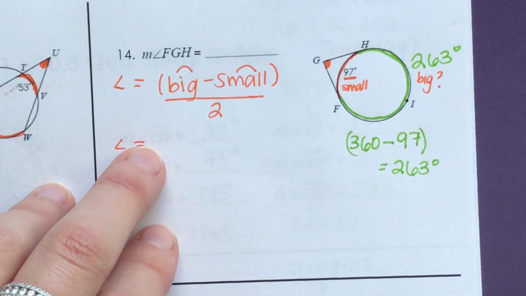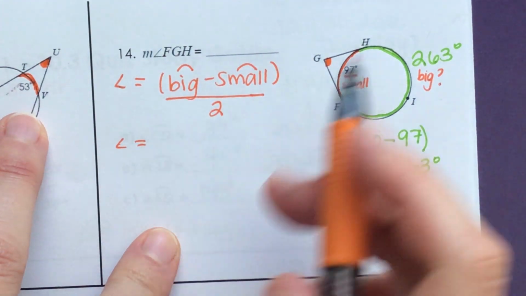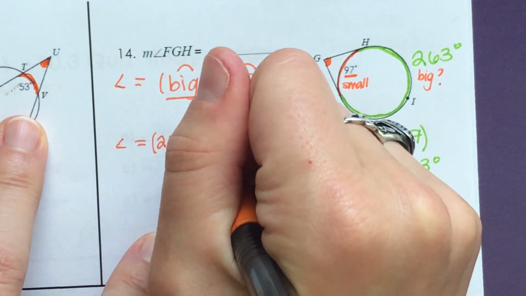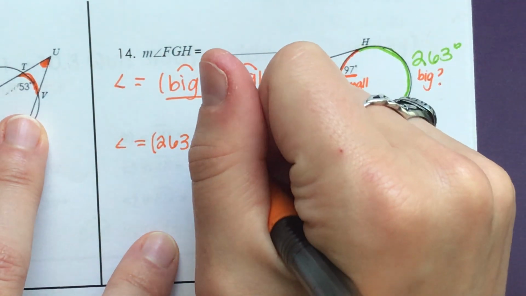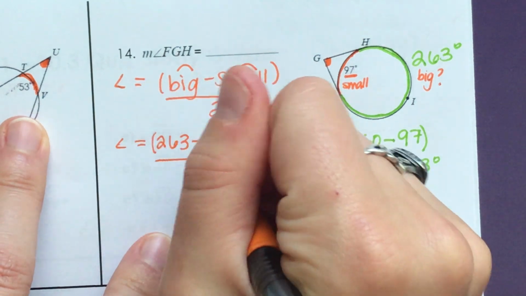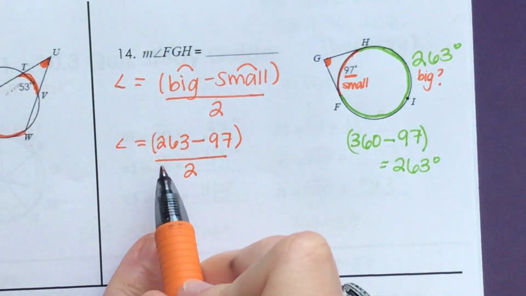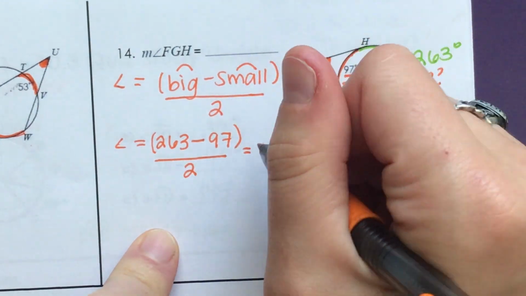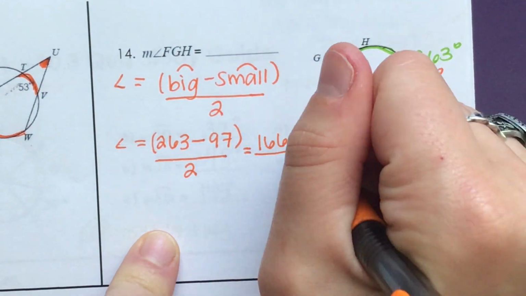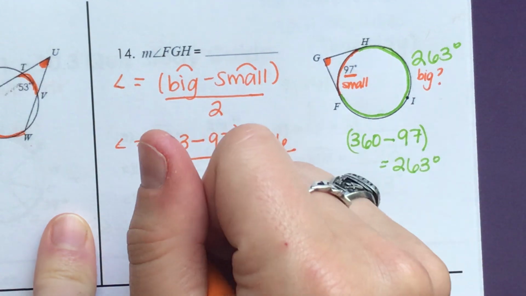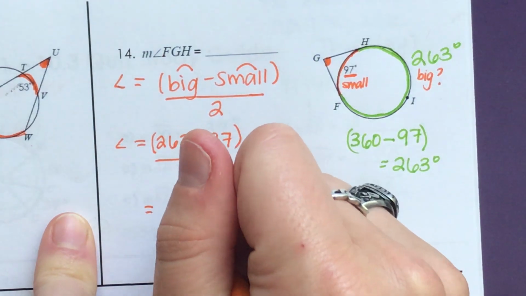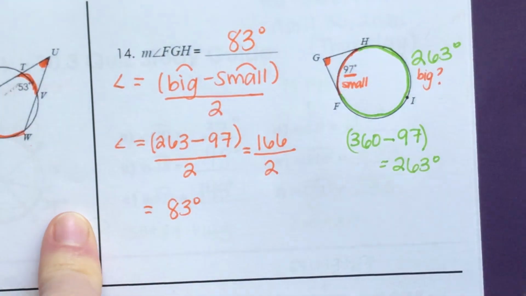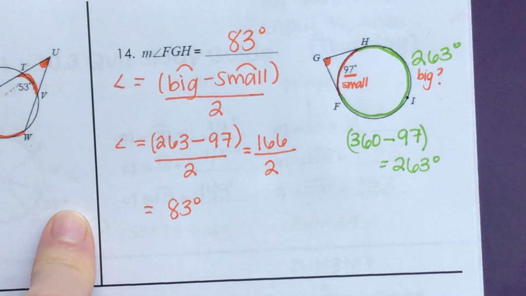Now that I have it, I can plug that into the equation. Big arc is 263 minus small arc is 97, divided by 2. If I subtract these two first, because parentheses comes first, I get 166. And if I divide that by 2, I get that the angle is 83 degrees. And again, remember, I'm putting a degree symbol.